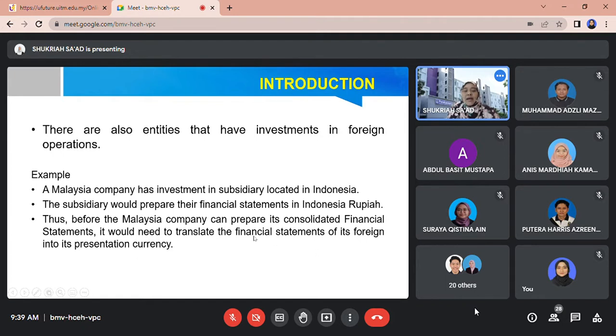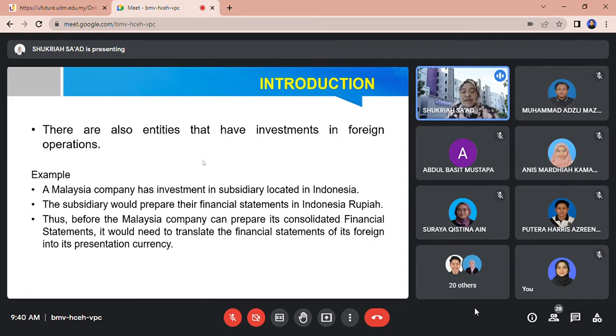And then there are also entities that have investment in foreign operation. Yang ni kita punya fokus. Kita not looking at the foreign transaction, but kita look from the bigger prospect yang mana kita ada investment in foreign operation.